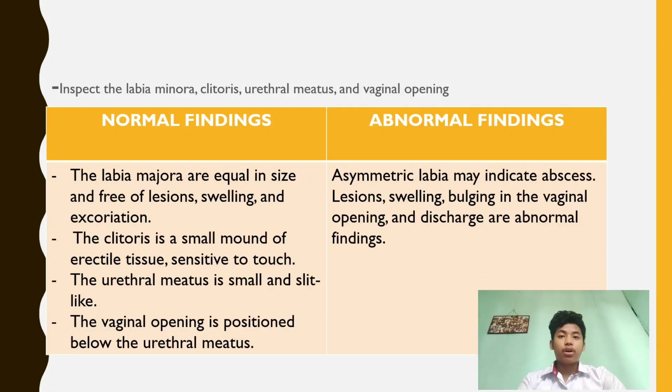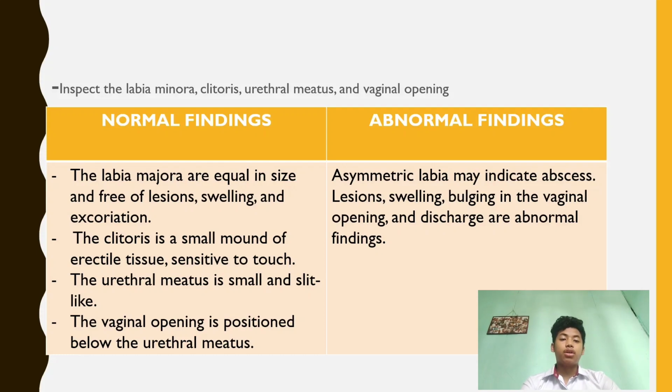Inspect the labia minora, the clitoris, urethral meatus, and the vaginal opening. Use your gloved hand to separate the labia majora and inspect for lesions, excoriation, swelling, and or discharge. For the normal findings, the labia minora appear symmetric, dark pink, and moist. The clitoris is a small amount of erectile tissue sensitive to touch.